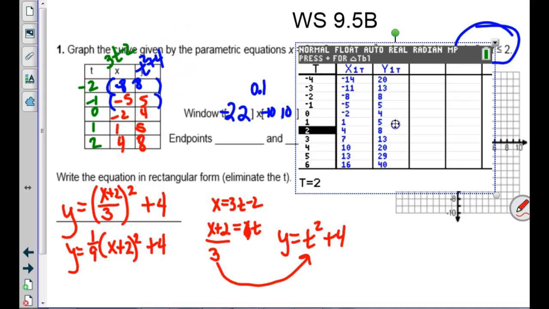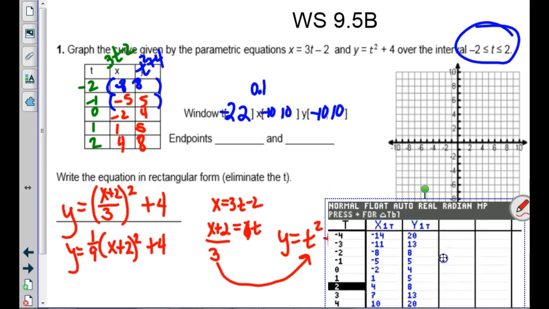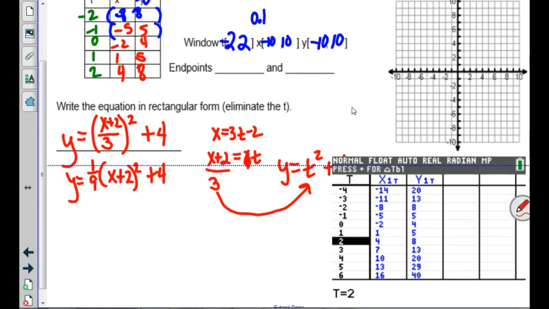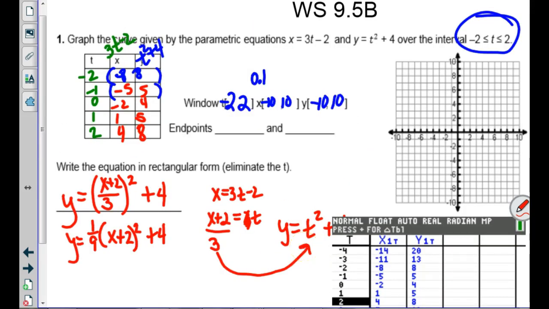All right, so if I graph those, I had the endpoints were at -8, 8. And the other one is at 4, 8.